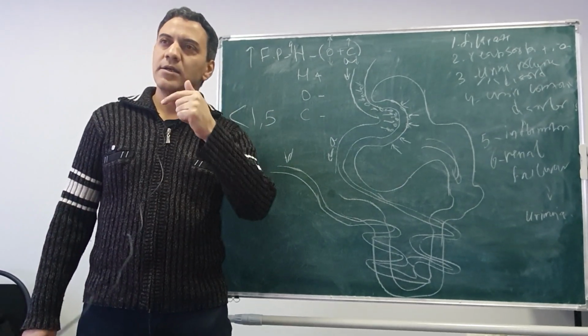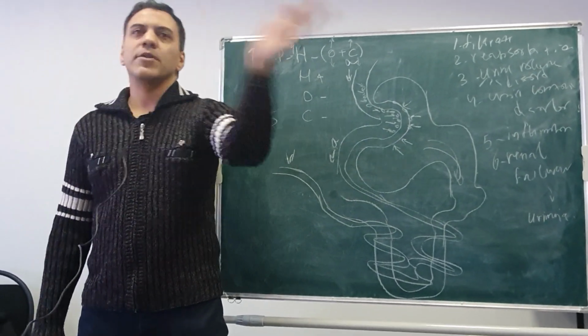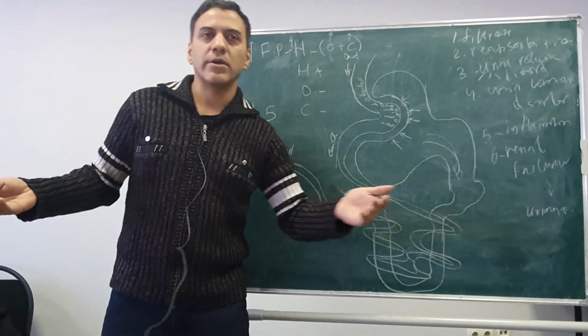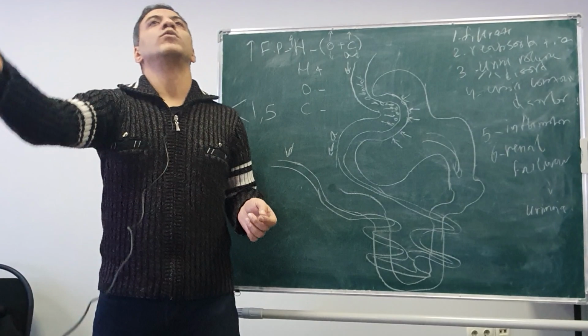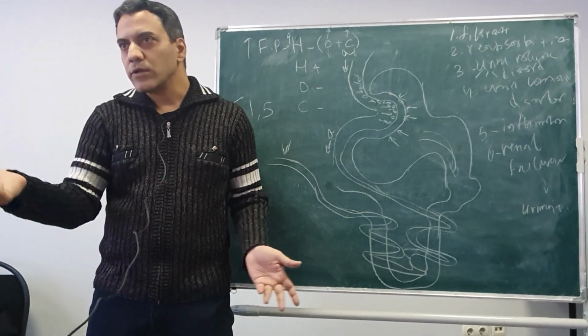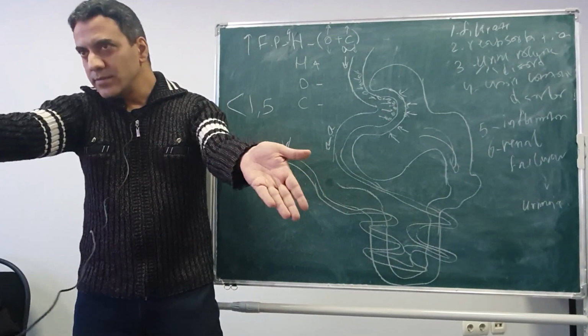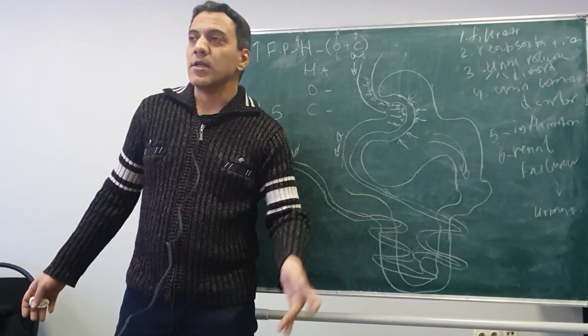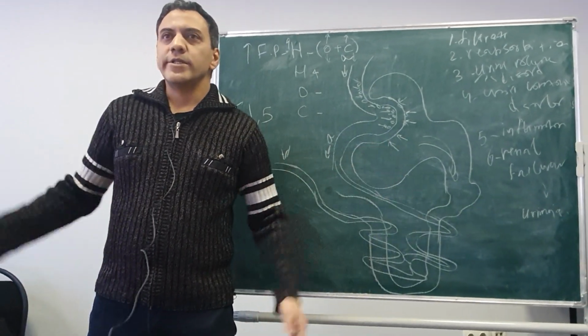Pre-renal could be physiological and pathological. Physiological, when we just take in a lot of water. Sure, it will be polyuria, yes? And it could be pathological due to some diseases, for example some systemic diseases or chronic disease.